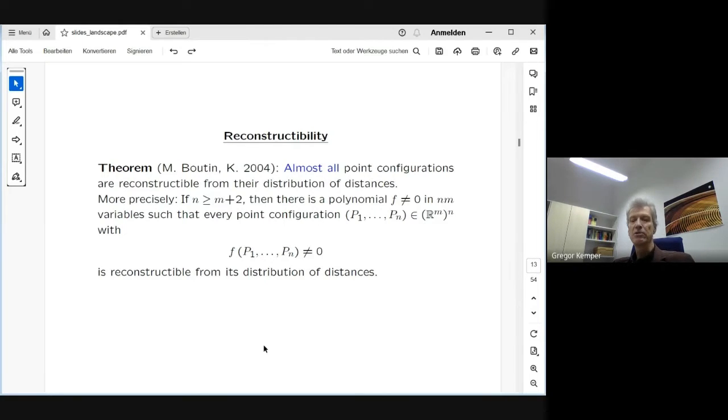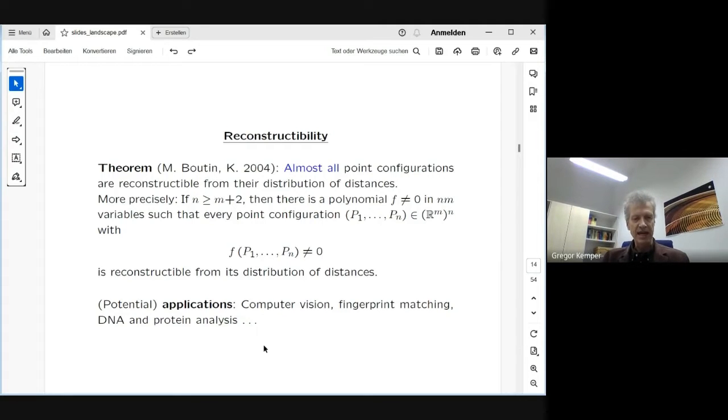Then relations of the Cayley-Menger type start to kick in, and we proved by a combinatorial argument on leading monomials of relations and so on and so forth that the reconstructible point configurations form a Zariski open dense subset among all point configurations. So that's the theorem that we achieved.